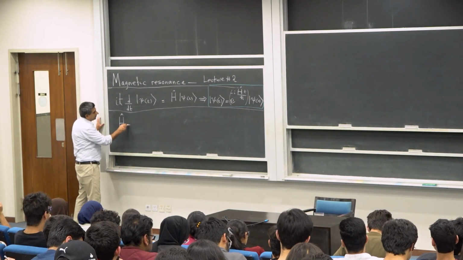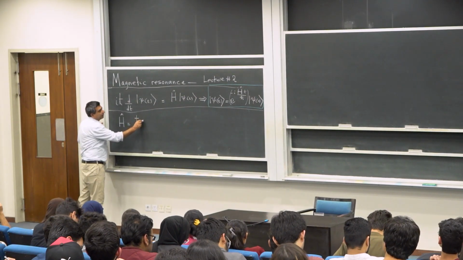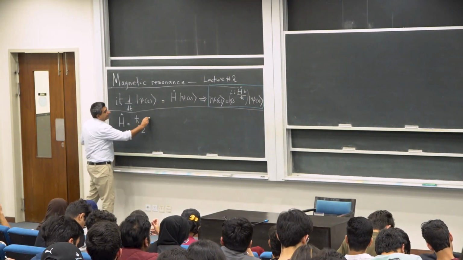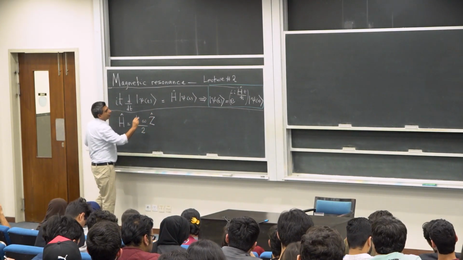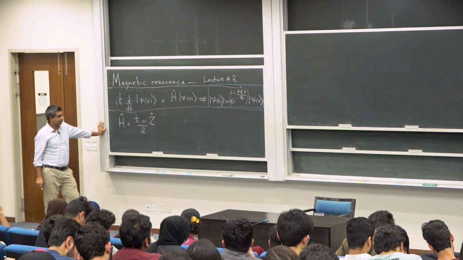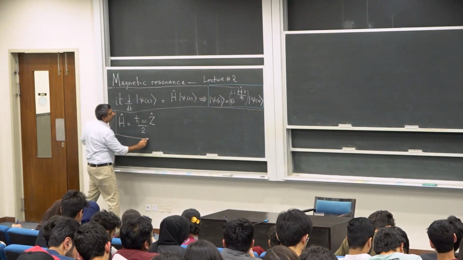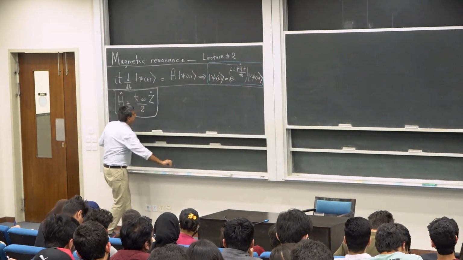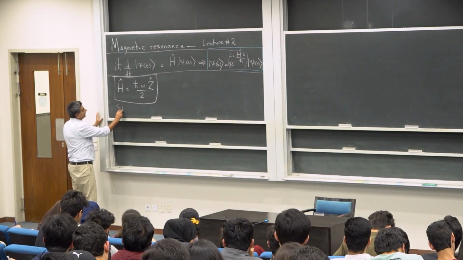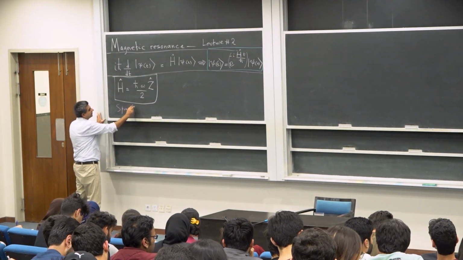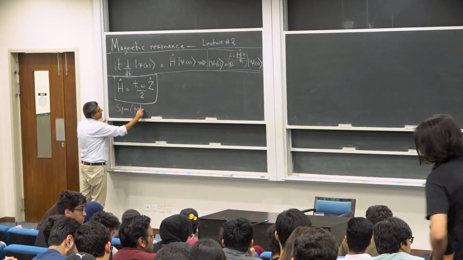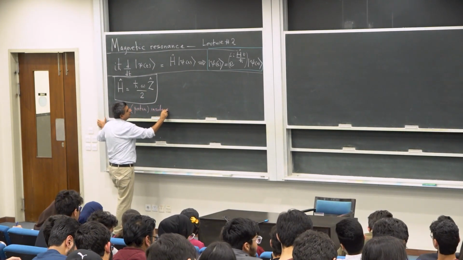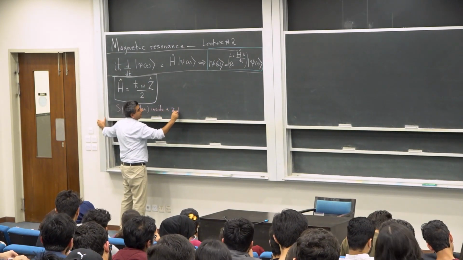That Hamiltonian turned out to be h bar omega over 2 times the Pauli z operator. So this is the Hamiltonian for a spin, such as a proton, inside a z-pointing field.